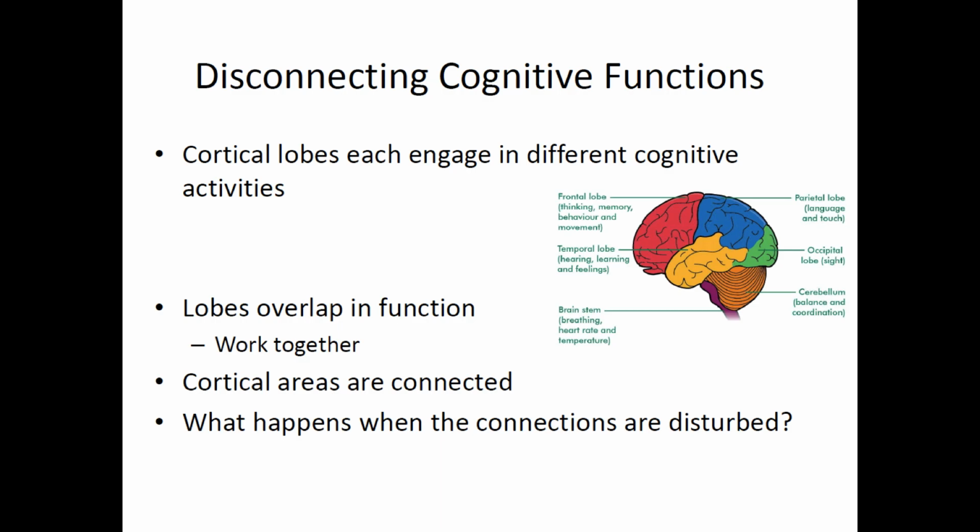So the lobes all work together and have a lot of overlap in function. They have to work together very closely. By its very nature, all these networks and overlap imply connections, right? So in the next couple of videos, we will go over what happens when you cut connections between the two hemispheres.